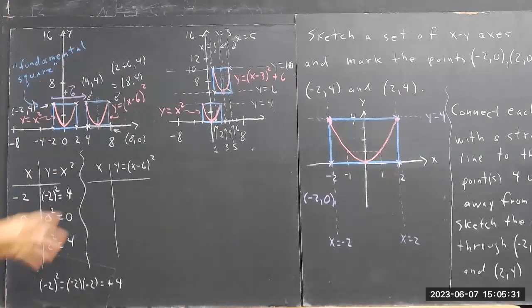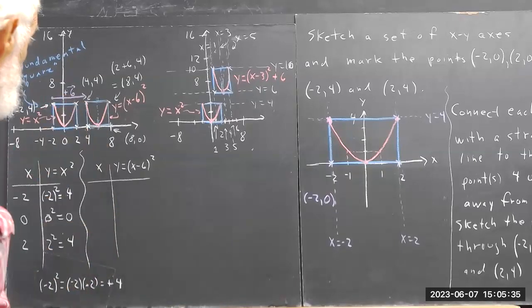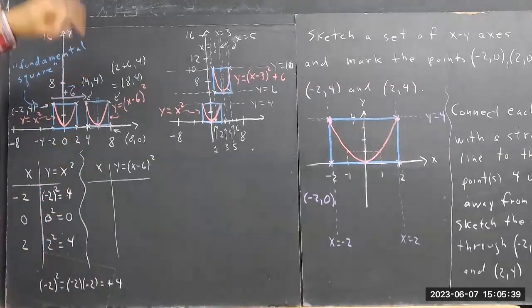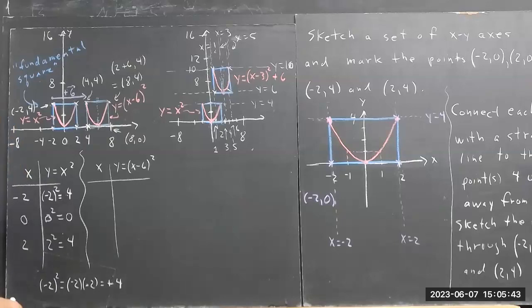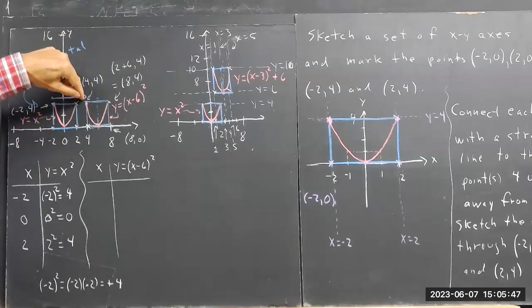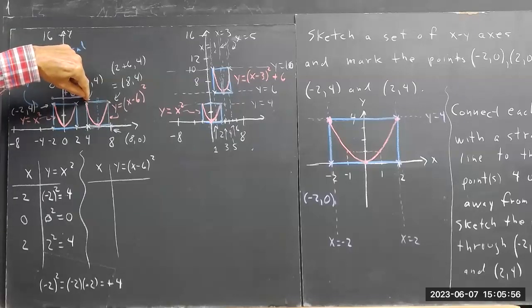Okay, now what x values do we want to use to verify this? Well, the x values that we want to use are the x values for the 3 points that we know have to be on this graph. Okay, we know (4, 4) has to be on this graph because if we move (-2, 4) 6 units to the right, we get (4, 4).